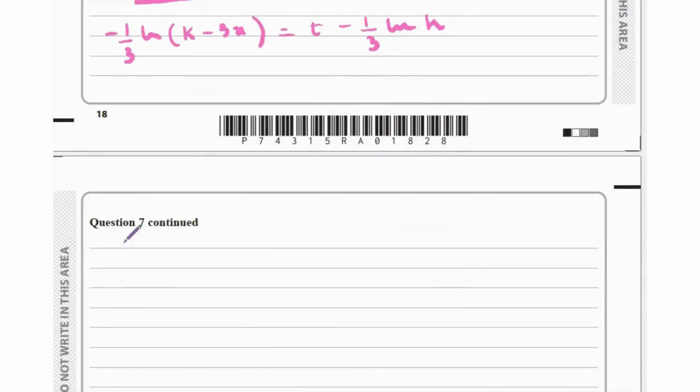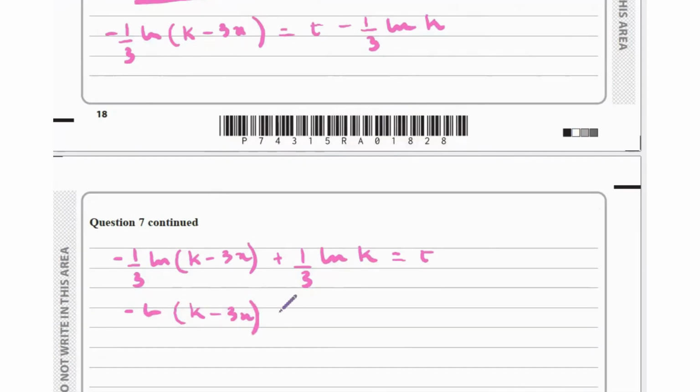So bring the ln on the same side. So negative 1 over 3 ln of k minus 3x plus 1 over 3 ln k equals t. Negative ln of k minus 3x plus ln k equals 3t.